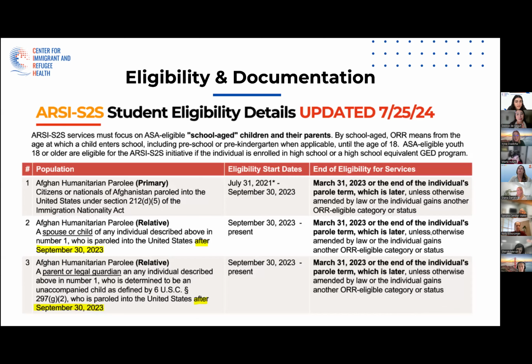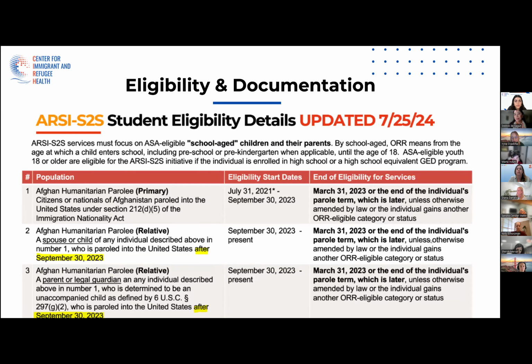Thank you. All right, so we'll go over eligibility and documentation. I know this slide is very overwhelming, but we'll try to make it simple. Any Afghan humanitarian parolee who arrived between July 31st, 2021 and September 30th, 2023 is eligible for services.